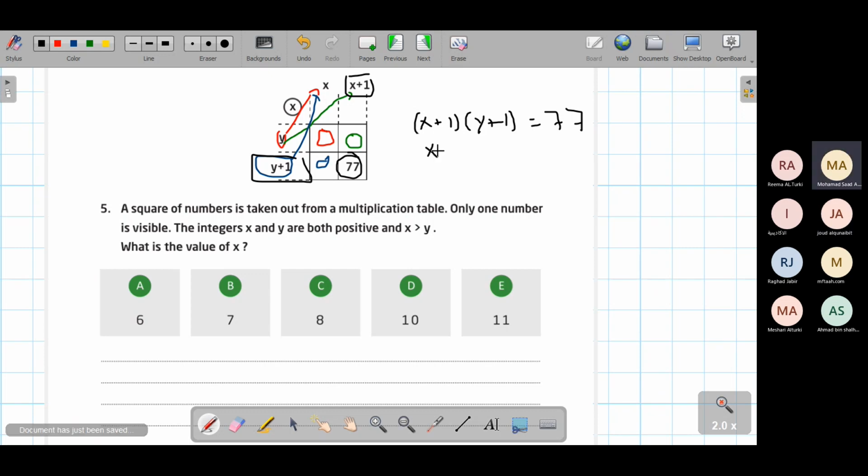Okay, so xy. Then? x multiplied by 1. It's x. And 1 multiplied by y. Excellent. And 1 multiplied by 1. Okay. Equals what? 1. No, equals 77.